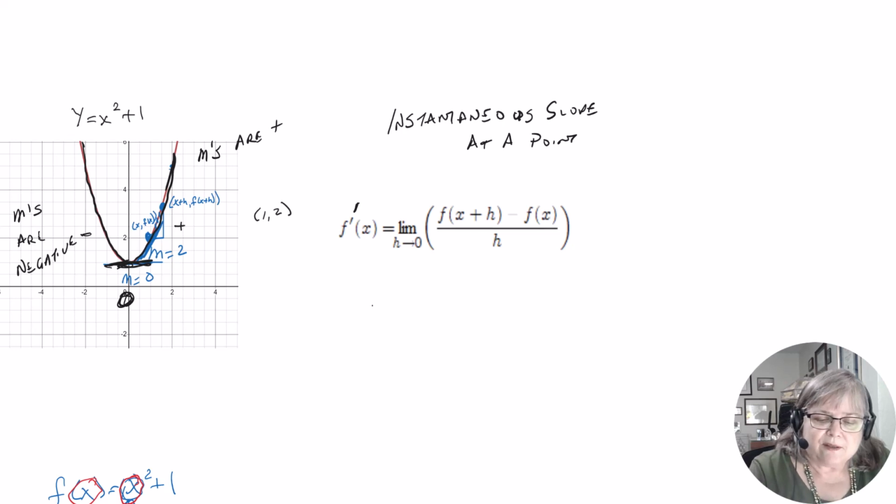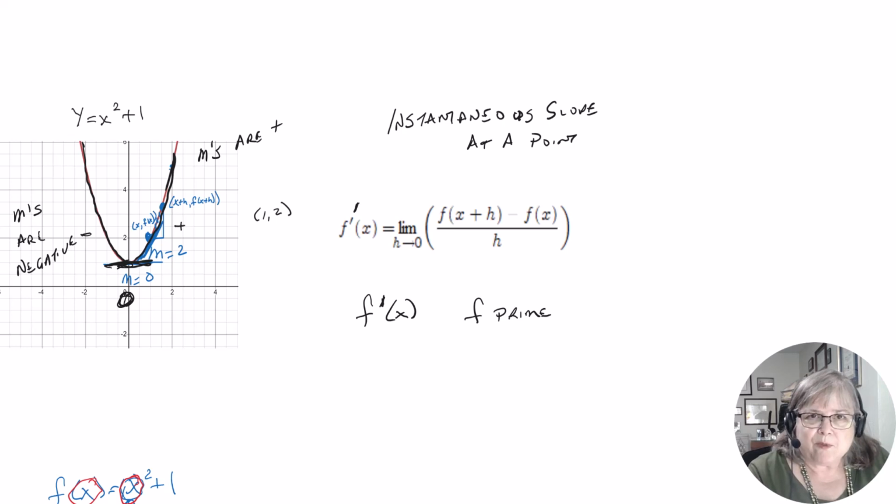So this is called f of x. This is called f prime. And that would be the derivative of f. So this is the formal definition of the derivative.